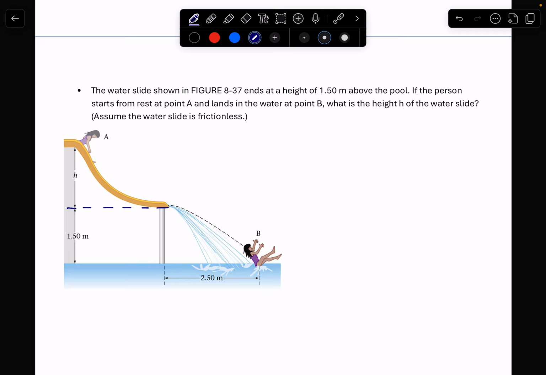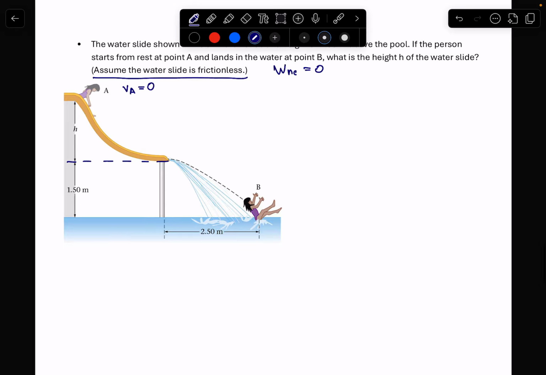If the person starts from rest, which means VA is equal to 0 at point A, and lands in the water at point B, what is the height h of the water slide? Assume this is frictionless, so work done by non-conservative forces is 0. That means my E final is equal to my E initial, right?